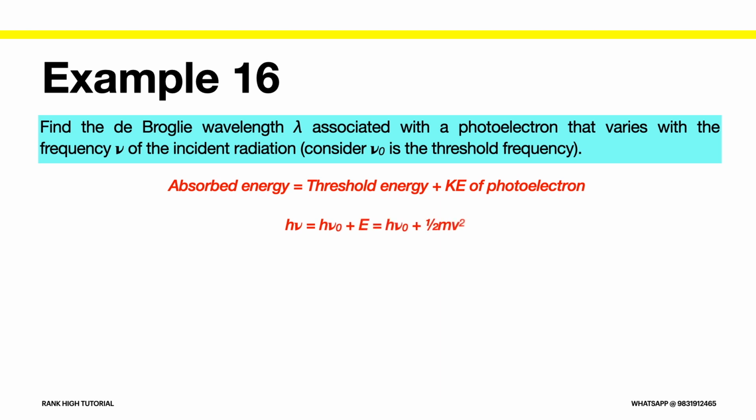After rearranging, we get v equals square root of 2h into nu minus nu0 divided by m. If we put the value of v into the de Broglie relation, we get lambda equals h by mv equals square root of h by m into nu minus nu0.